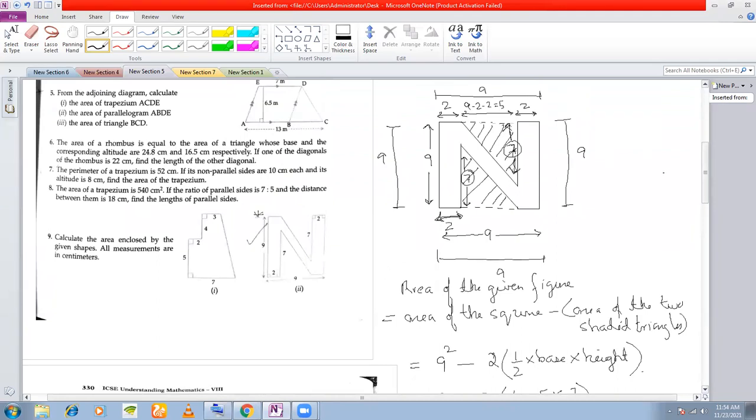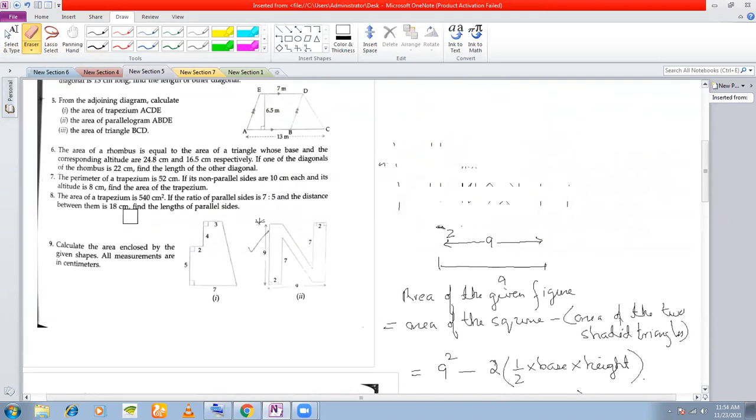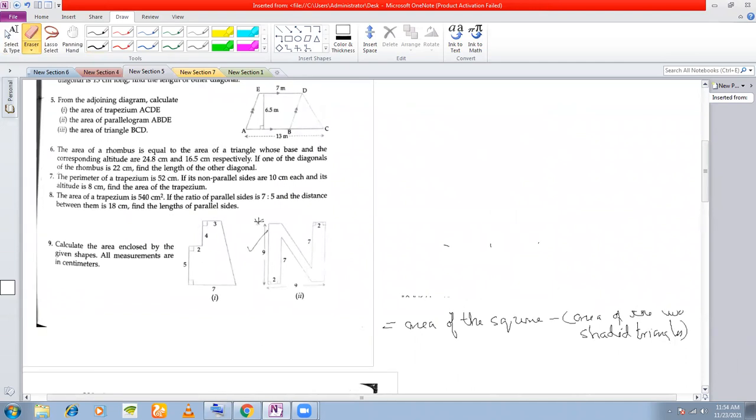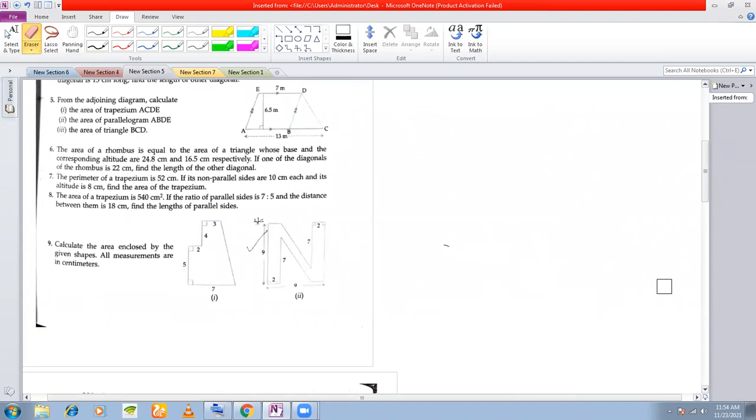And the second figure, I'm sure you can do it on your own. I'll just give you an idea of how to calculate the area of that figure. I'll not solve the entire sum. See, this is the given figure to you.